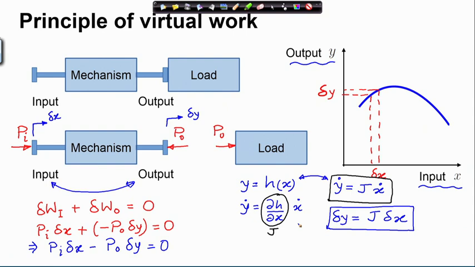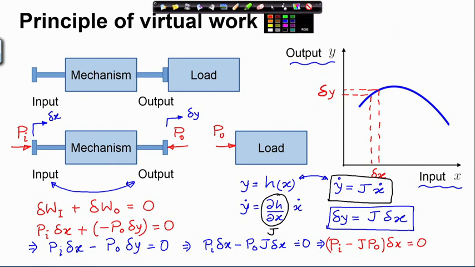Therefore, using this I can rewrite this as P I delta x minus P O and J times delta x, and that is equal to 0, which implies P I minus J times P O, times delta x, must be equal to 0.